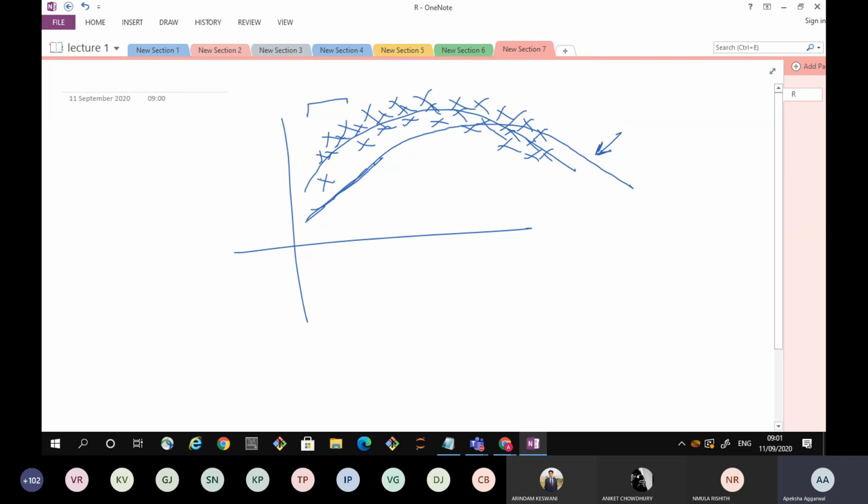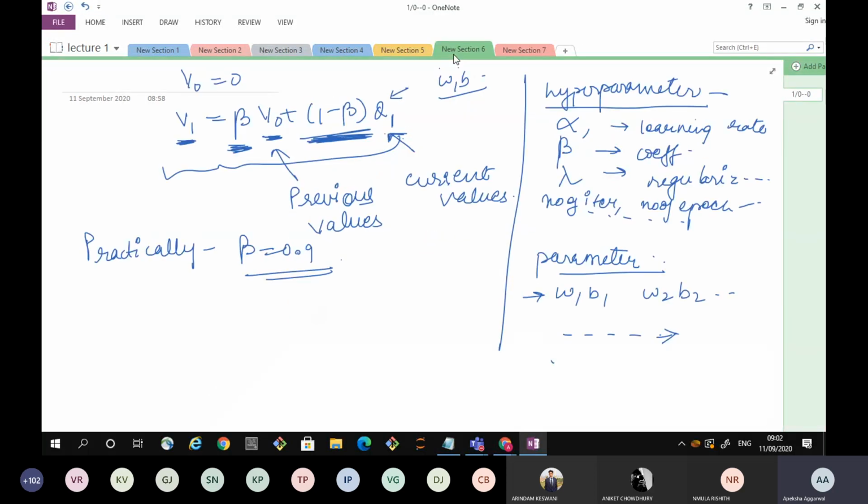Okay. Now there is one more thing while calculating this graph. First, this is the exponential smoothing line. If I'm calculating, this is my first V1. If I'm calculating V2, let's say, and I have put the value of beta to be 0.9, what is the role of beta?